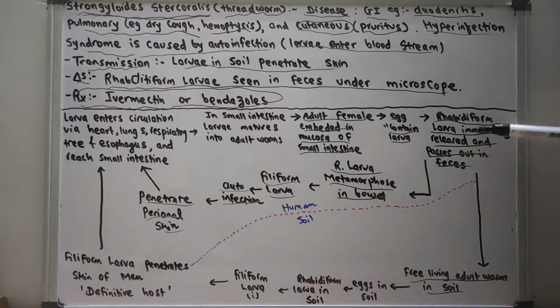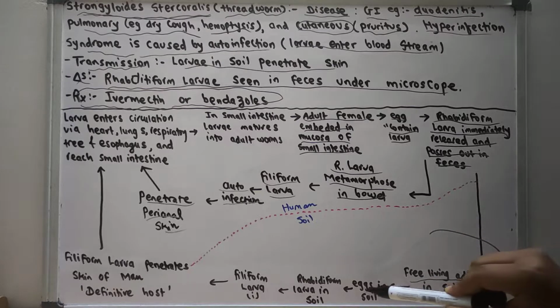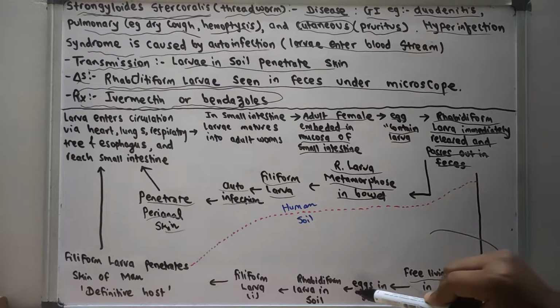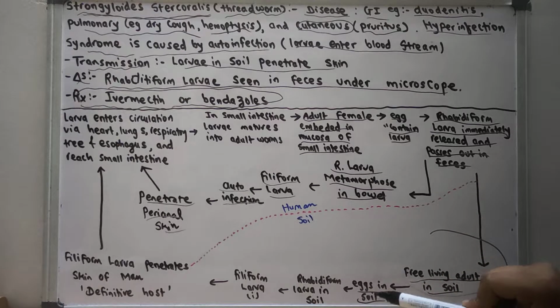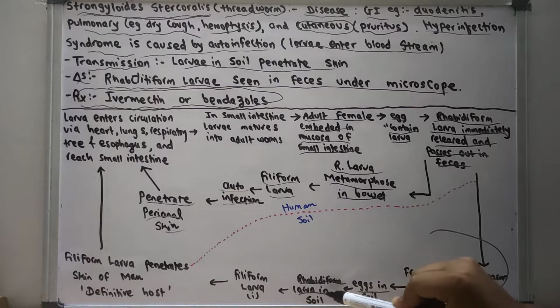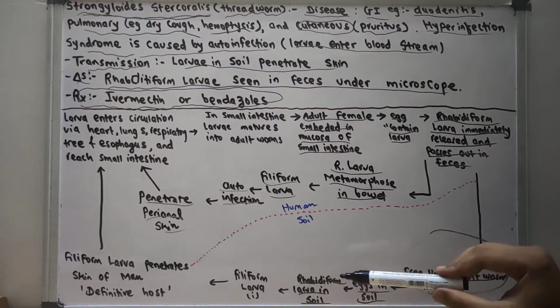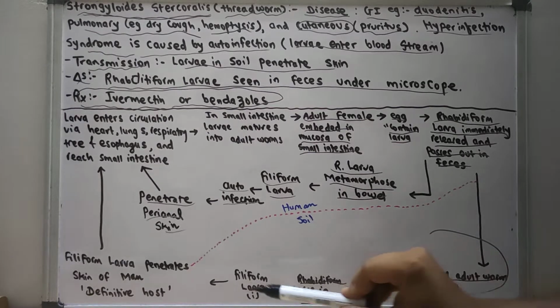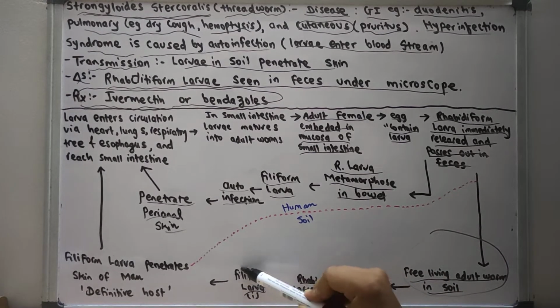And the rhabditiform larvae that are passed into the feces morph into adult worms in the soil. Those adult worms pass eggs in the soil, and from those eggs the rhabditiform larva is formed in the soil, and from that rhabditiform larva the filiform larva is formed.